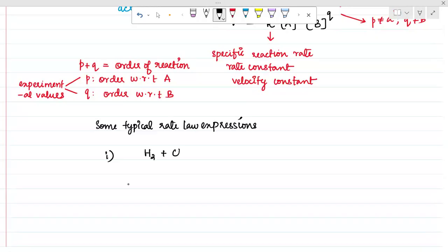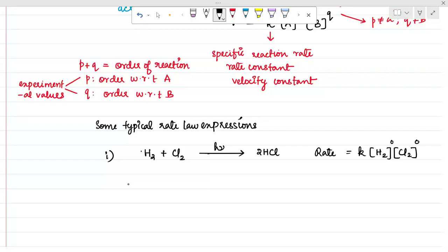H2 reacts with chlorine Cl2 in presence of light to give 2HCl. And you know what the expression of rate is? Rate is equal to rate constant, concentration of H2 to the power 0, concentration of Cl2 to the power 0. Please note it down.